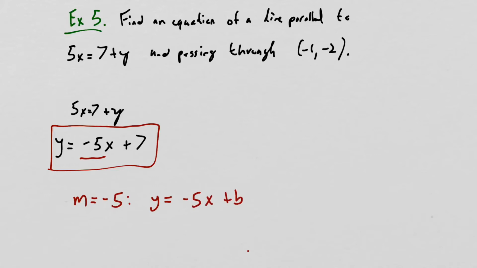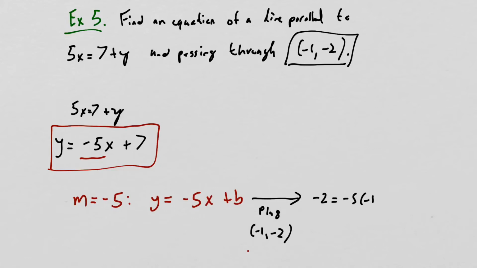Now we're given that the parallel line also has to pass through the point negative 1, negative 2. So if we plug in the point negative 1, negative 2, we can solve for the y-intercept. Plugging this in, we'll get negative 2 is equal to negative 5 times negative 1 plus b.